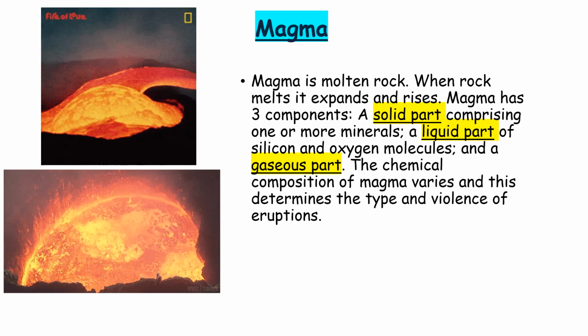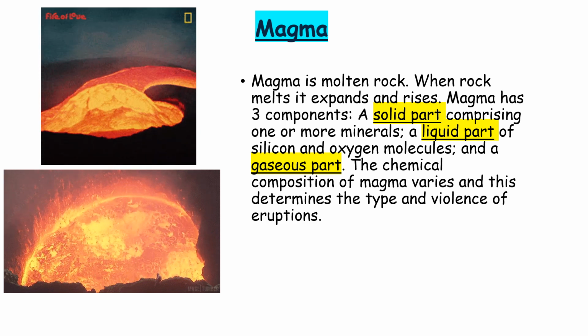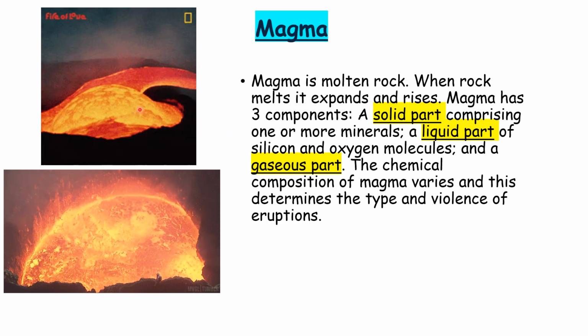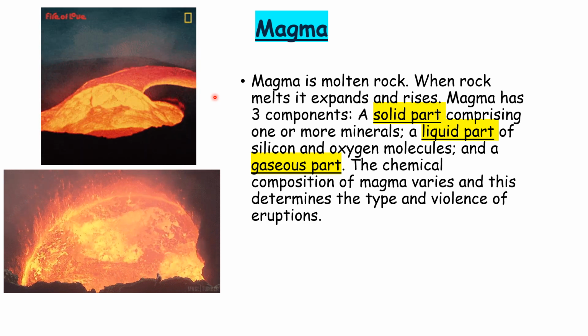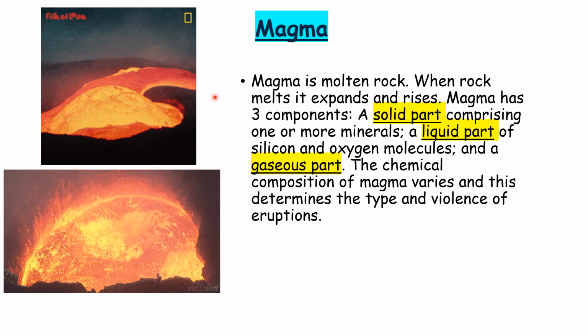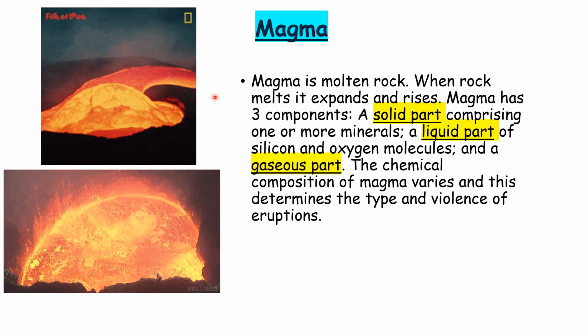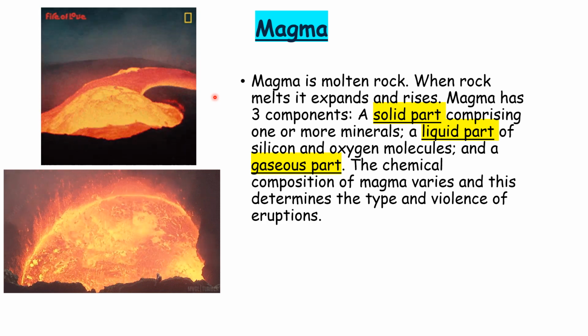Right, so magma is the generic word for the rock that's in the mantle. It's molten. Now, technically speaking, this isn't magma because it's on the surface. It just happened to be the pictures that I selected, and I thought they were quite visual. So this, technically speaking, is lava. When lava comes onto the surface, it can behave in all sorts of different ways.